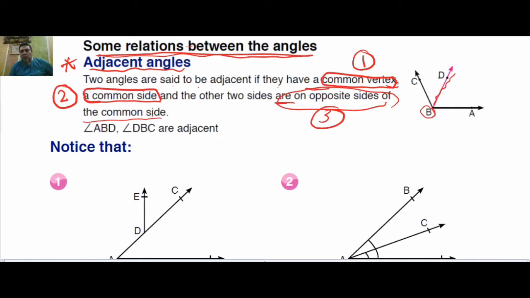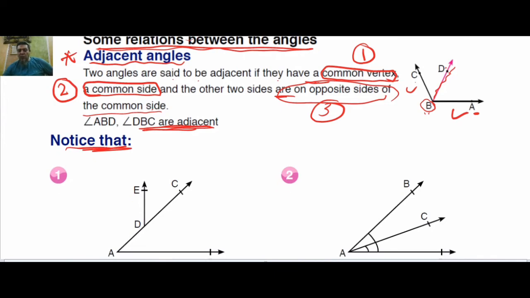Number three, the other two sides, BA and BC, on the opposite sides of the common side. So angle ABD and angle DBC are two adjacent angles. Notice that.